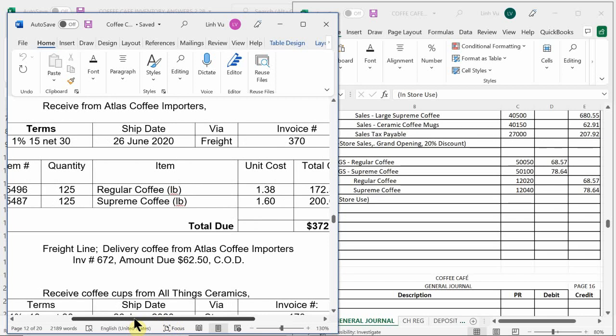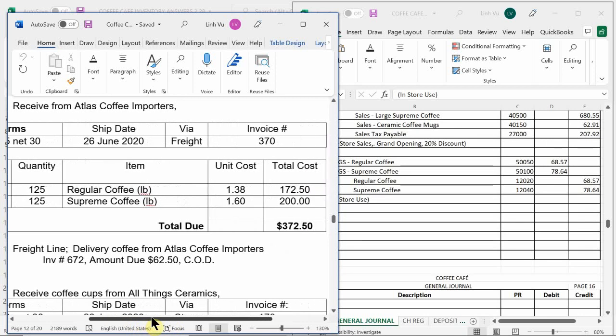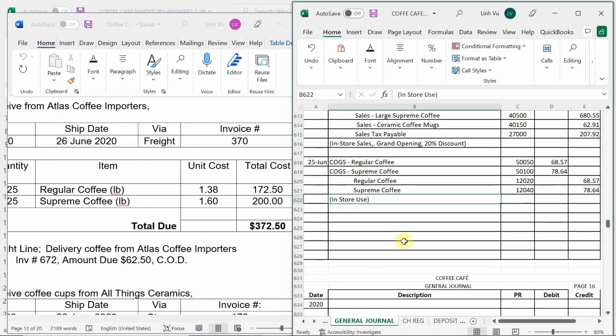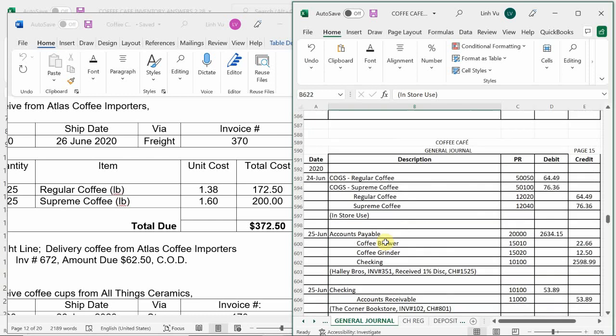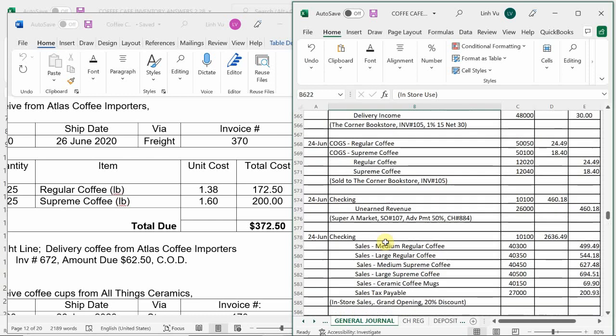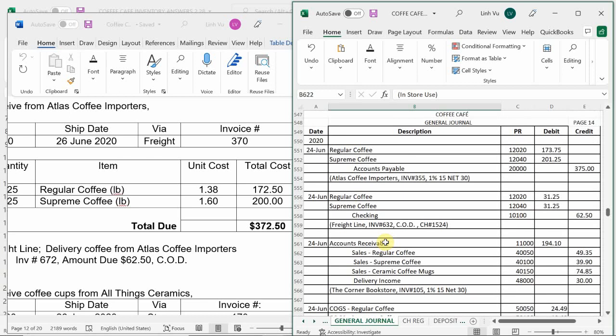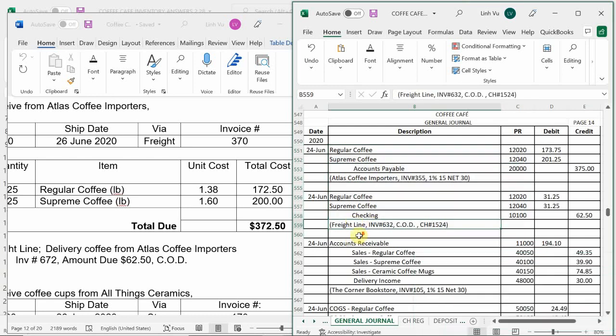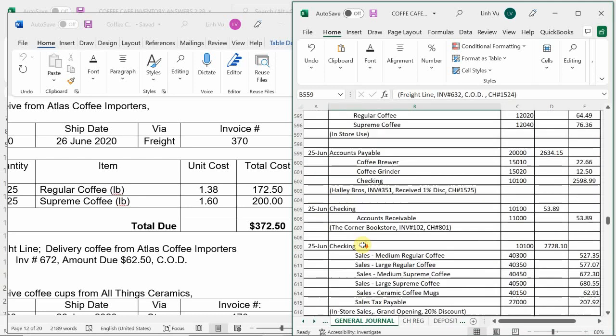So we have our perpetual inventory. In this case, all you have to do is locate another inventory that we've already done before. So here you go. Let me see.